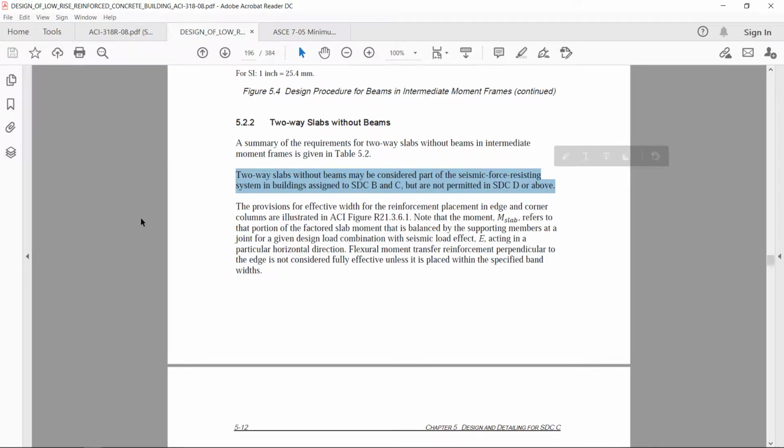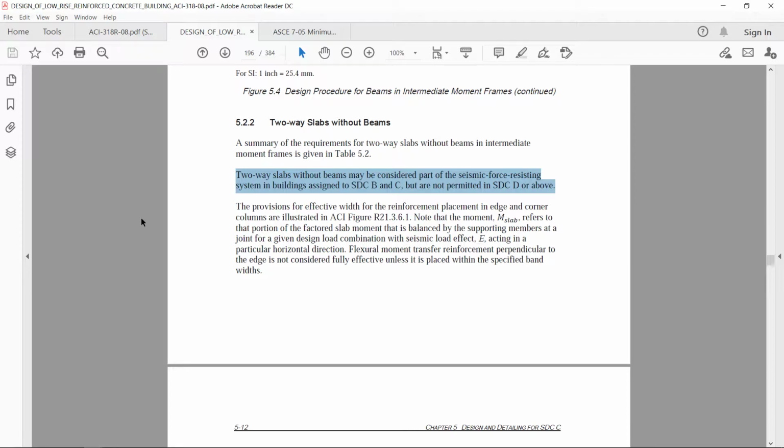It says that two-way slabs without beams may be considered part of the seismic force resisting system in buildings assigned to SDC B and C, but are not permitted in SDC D or above. That means the slab system should be considered as a seismic force resisting system.